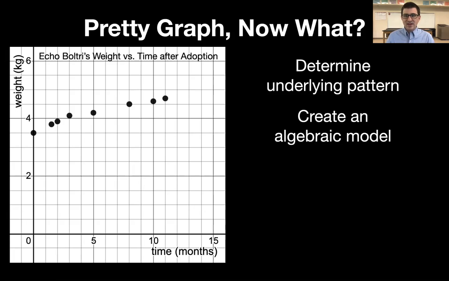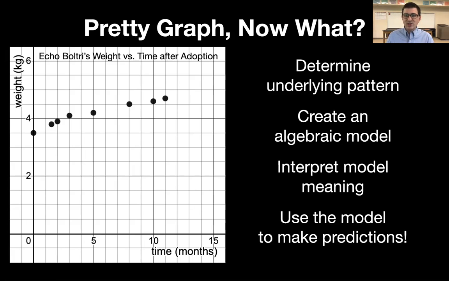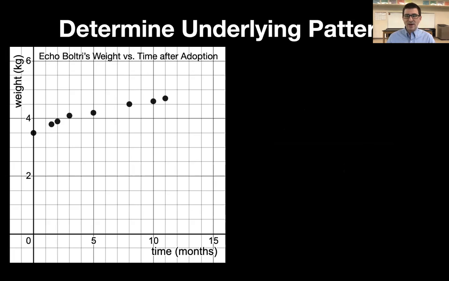The second is to create an algebraic model or a mathematical equation for the data, because then from that we can interpret the meaning of the model and therefore understand the data better. And maybe most excitingly, we can use the model to make some predictions. So we're going to go through each of these 4 steps in the video, starting with determine the underlying pattern.